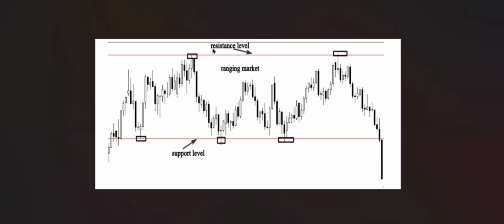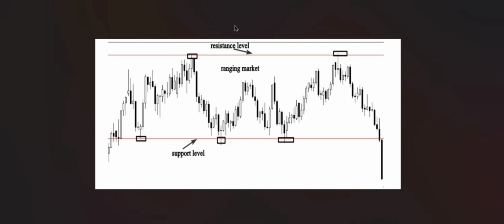All right. So moving forward, trading ranging markets is completely different from trading trending markets, because when the market is ranging, it creates equilibrium between buyers and sellers.